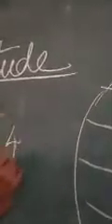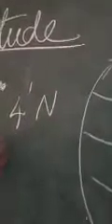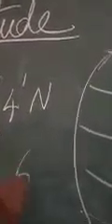These lines are longitudes. Now, India lies between 8 degree 4 minutes north and 37 degree 6 minutes north latitudes. It is a latitude line.